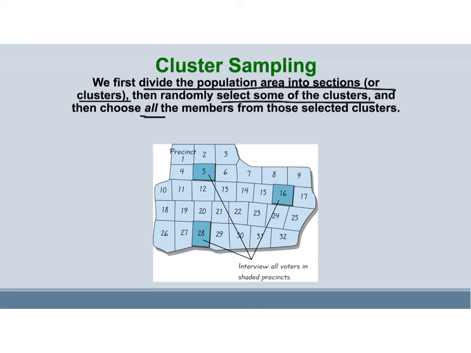So I might pick 20 voters in each of the precincts. But because this is a cluster sample, I'm going to pick these 3 precincts. So I'm going to pick 5, 16, and 28. And then I'm going to interview all the voters in those 3 precincts. I'm not going to do anything in any of the other ones. So that's what makes it cluster instead of stratified.